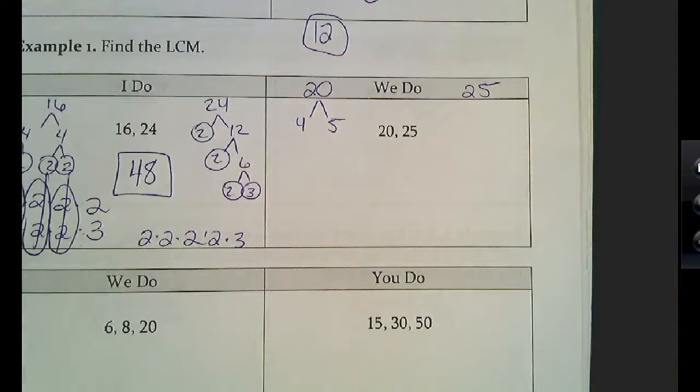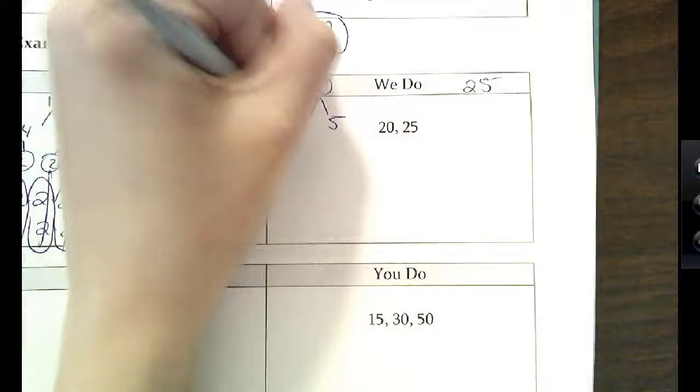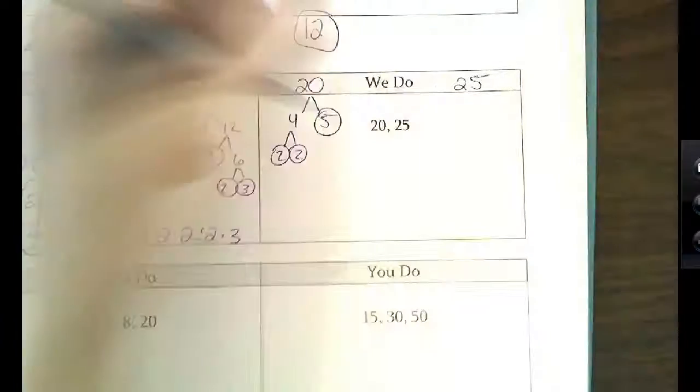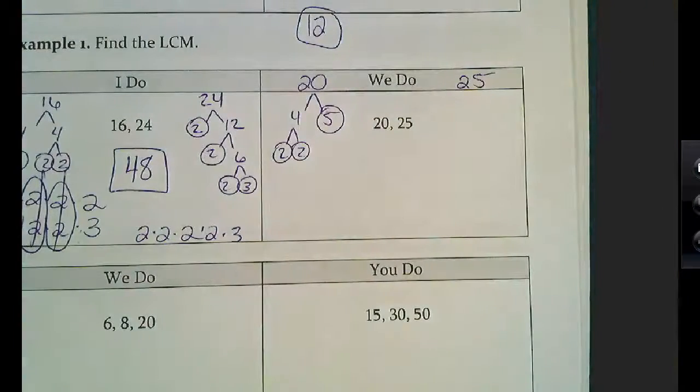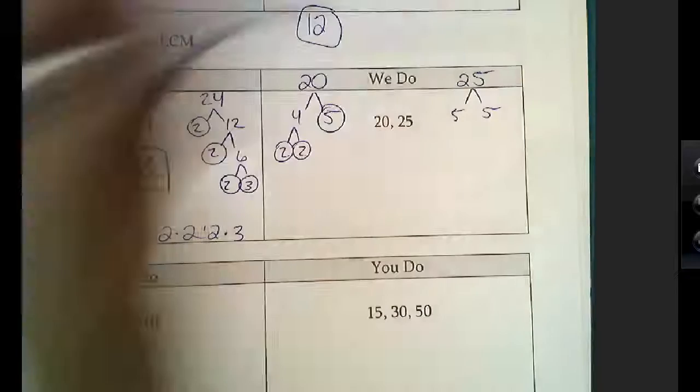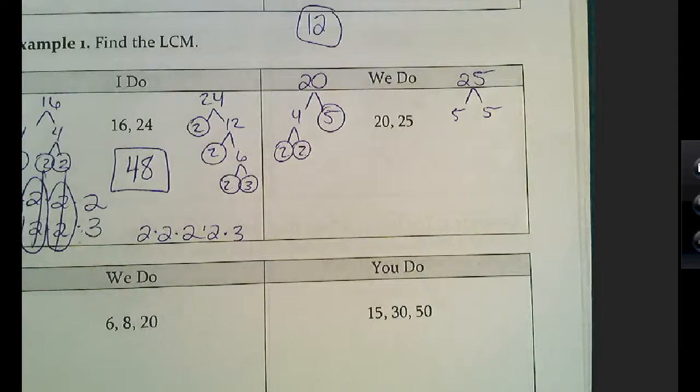Nice job. Go ahead and break your 4 down into a 2 and a 2. And then circle that 5. And then you can also tell me, what did you break the 25 into? 5 and 5. Very good. And what did you break the 5 into? Nothing. So go ahead and circle it.